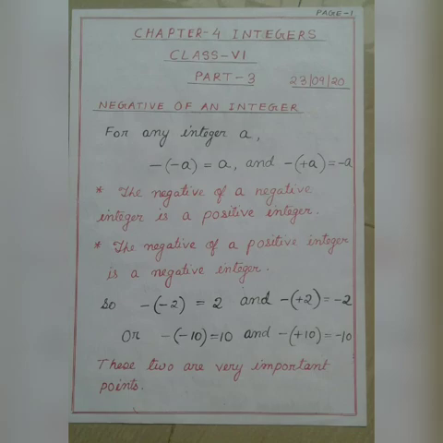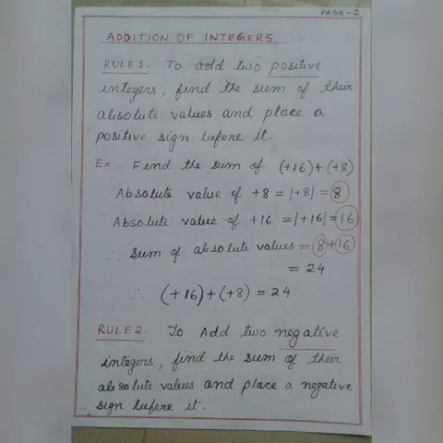Now the next important topic is addition of integers. We have to follow some rules to add integers, because integers are positive and negative numbers. So we have to follow some rules to add 2 or more integers. Rule number 1.